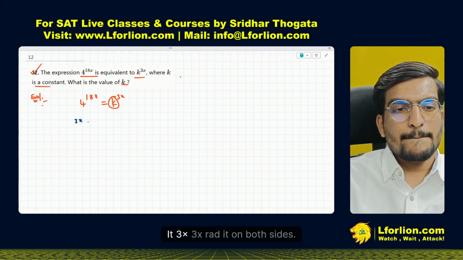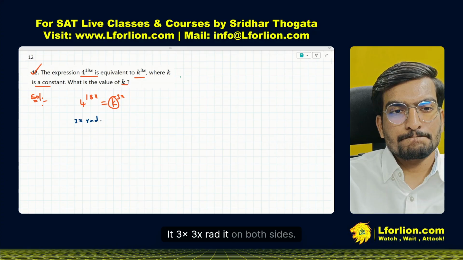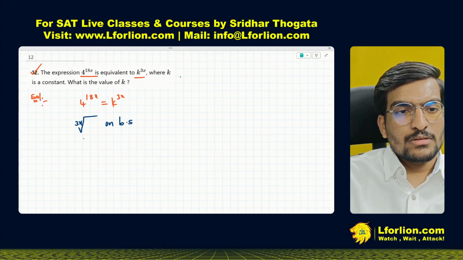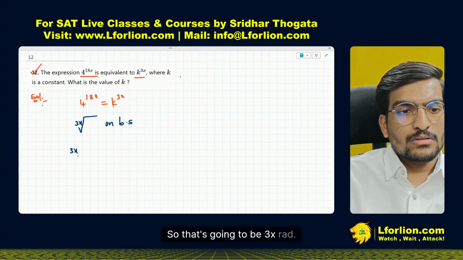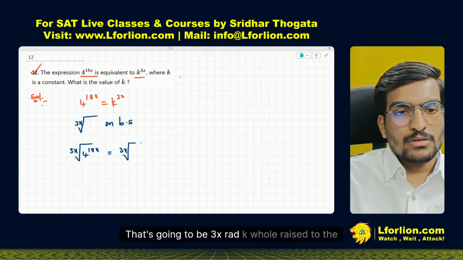3x root on both sides. So that's going to be 3x root. It's going to be 4 raised to the power of 18x. That's going to be 3x root k whole raised to the power of 3x.